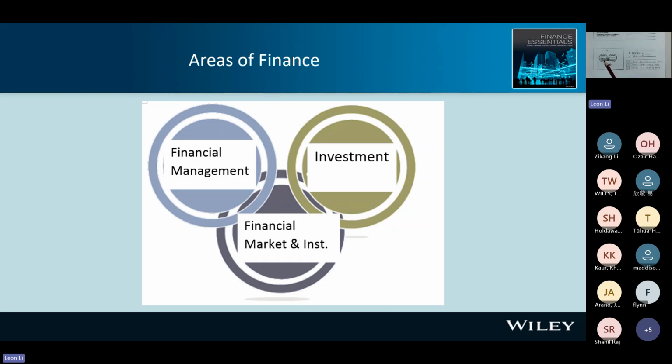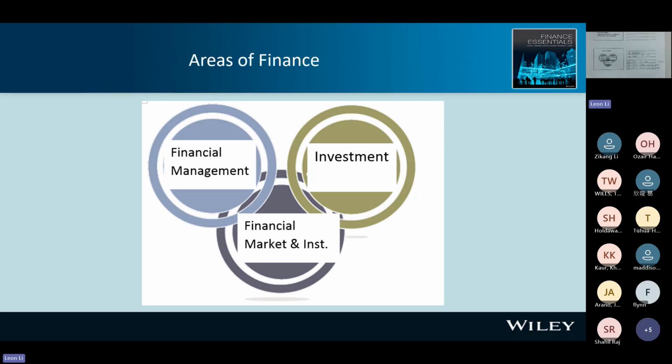Financial management is to deal with the financial decisions by financial managers. They are money users. Financial markets and financial institutions are the link or the bridge between money providers and the money users. So in finance, we have three key areas: investment, financial management, and financial markets and institutions.